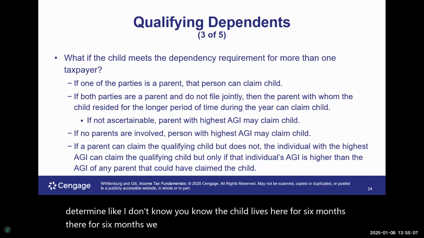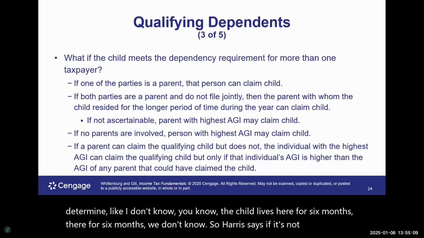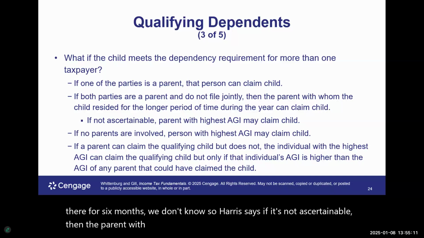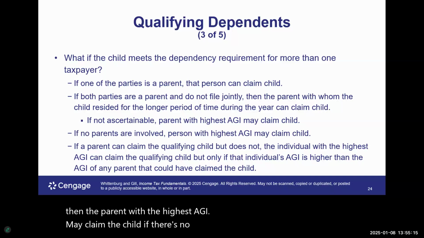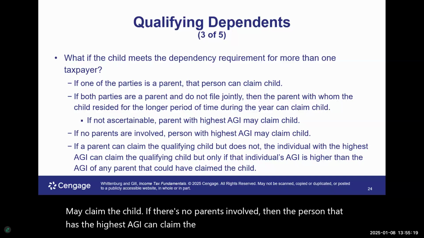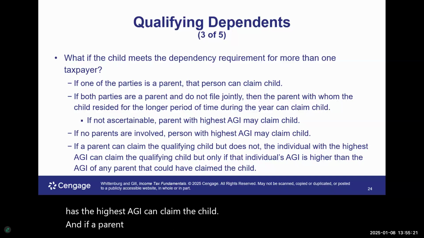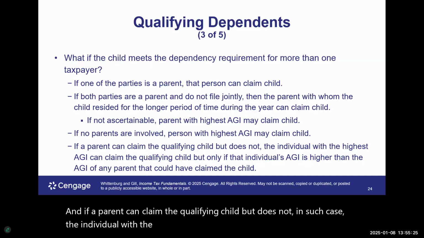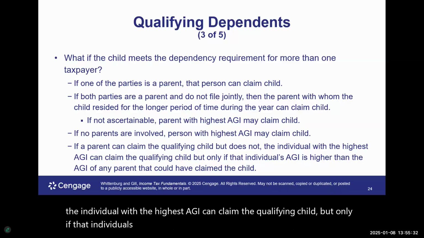So here it says, if it's not ascertainable, then the parent with the highest AGI may claim the child. If there's no parents involved, then the person that has the highest AGI can claim the child. And if a parent can claim the qualifying child but does not, in such case, the individual with the highest AGI can claim the qualifying child, but only if that individual's AGI is higher than the AGI of any parent that could have claimed the child.